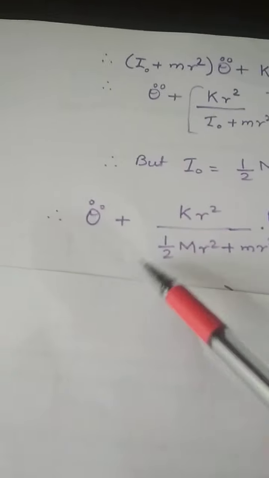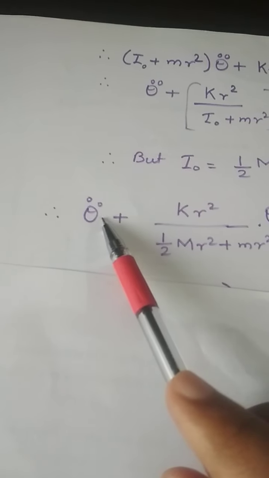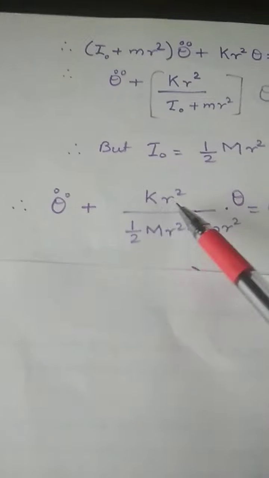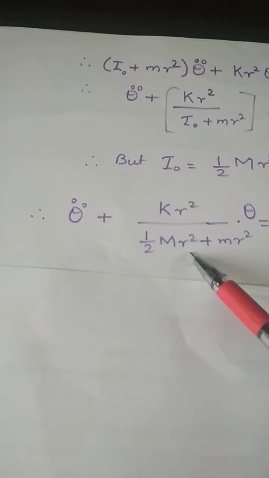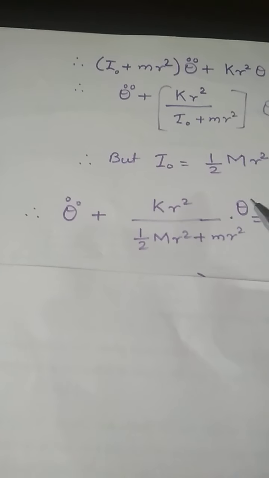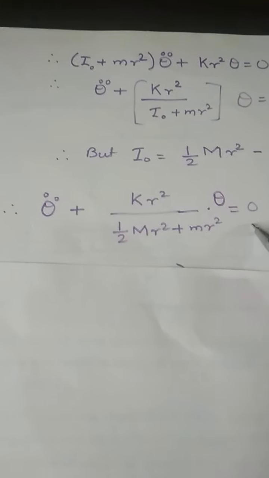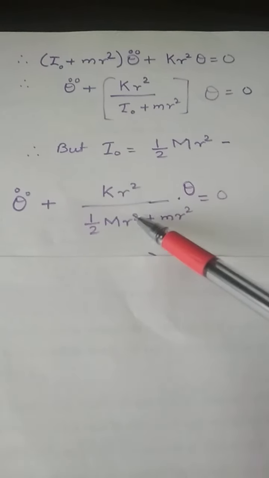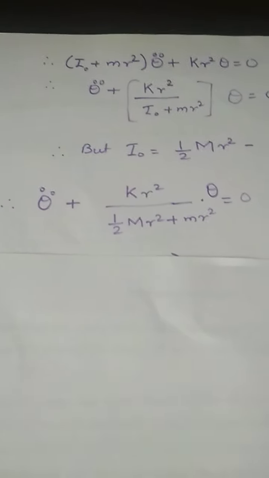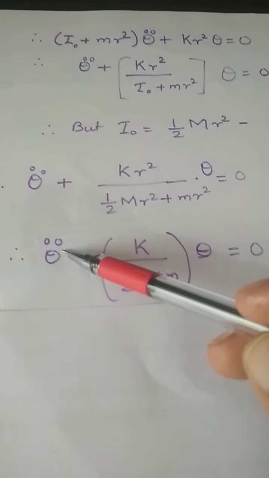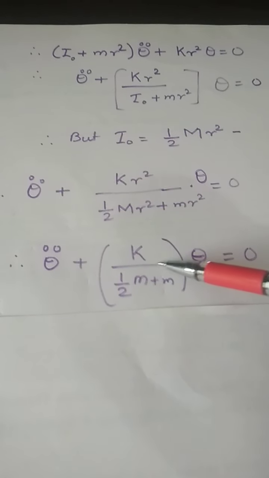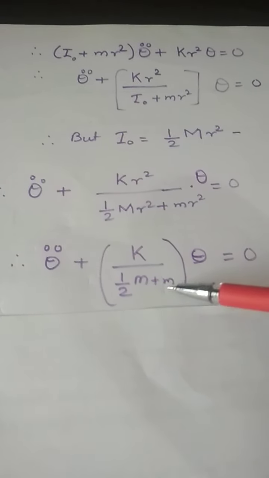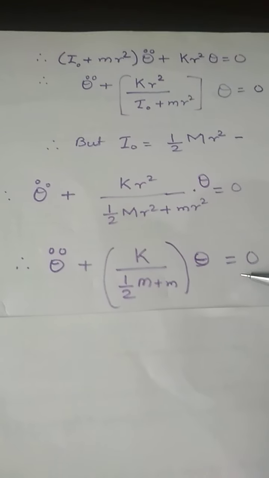So theta double dot plus k r square divided by (1/2 M r square plus small m r square) into theta is equal to 0. Here r square can be cancelled. So theta double dot plus k divided by (1/2 capital M plus small m) theta is equal to 0.